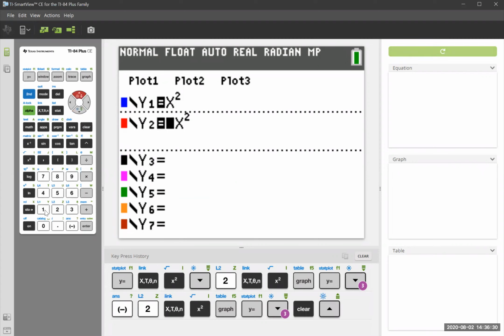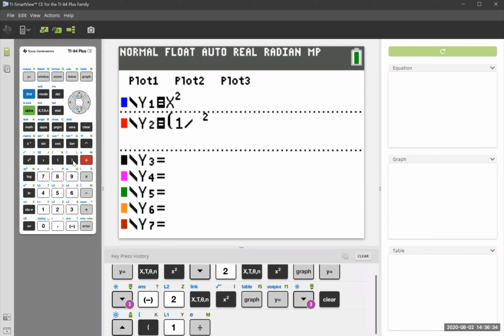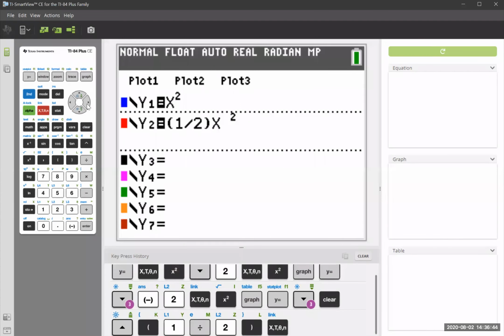So in parentheses, I'm going to put 1 divided by 2 to indicate that I'm working with a 1/2. Or if you wanted to use the decimal equivalent of 0.5, you could do that as well. And then we will put our x in. And it looks like we're all set. So now we have 1/2 x squared. Let's compare this one in our line 2 to our parent or toolkit function from line 1.